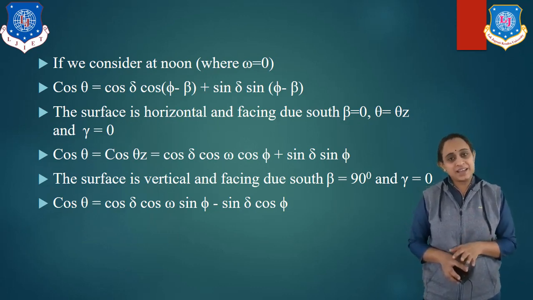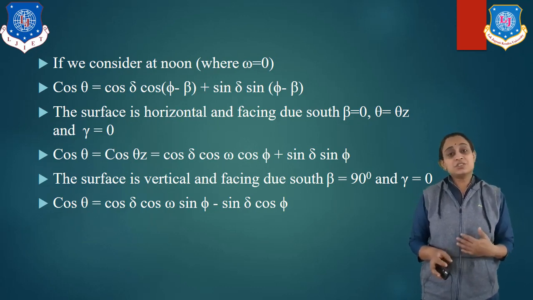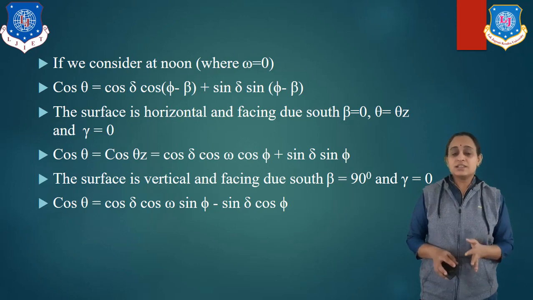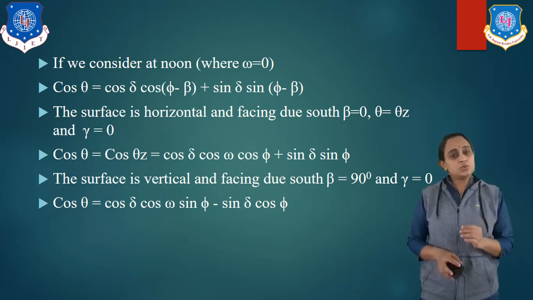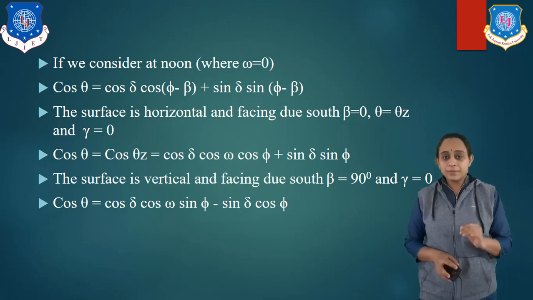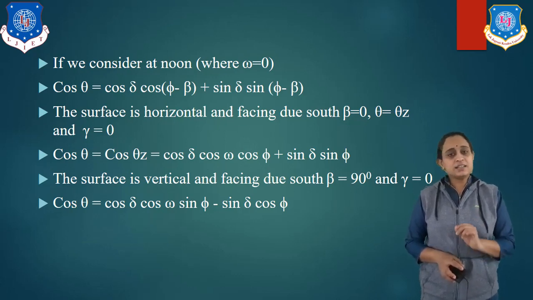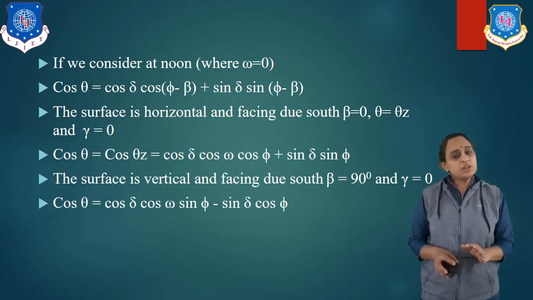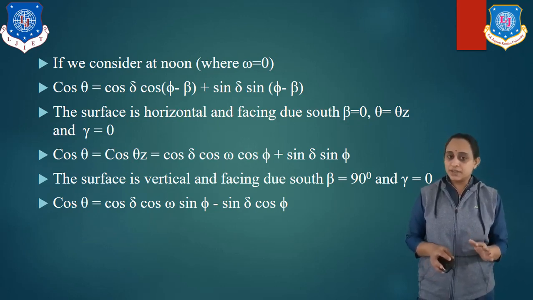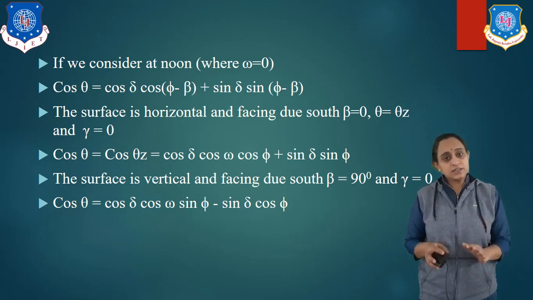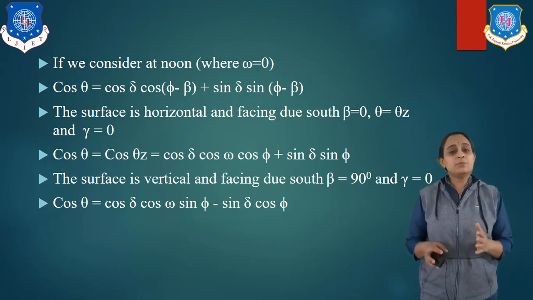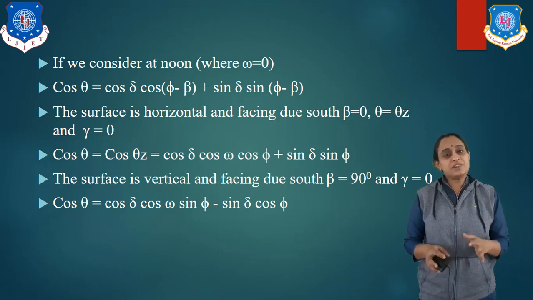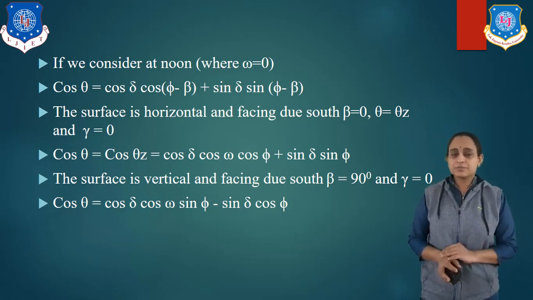So the equation turns into cos theta equals cos theta z, which is cos delta cos omega cos phi plus sin delta sin phi. Clear? We only need to put the values of beta, theta and gamma in our above equation to get the final solution.